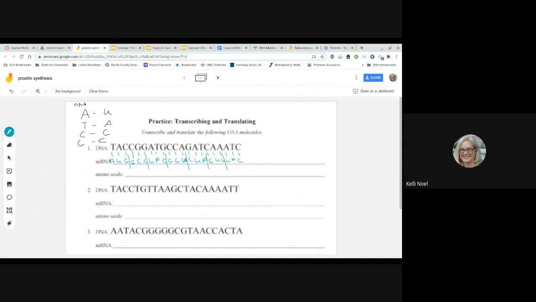So you're going to write MET, hyphen. You're going to go to the next one, G, C, C, GCC, ALA. And you're going to continue until you fill that in.